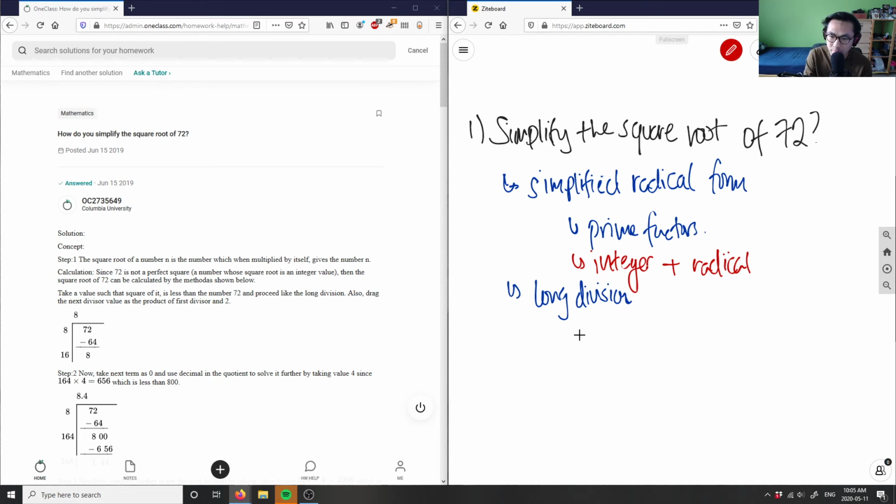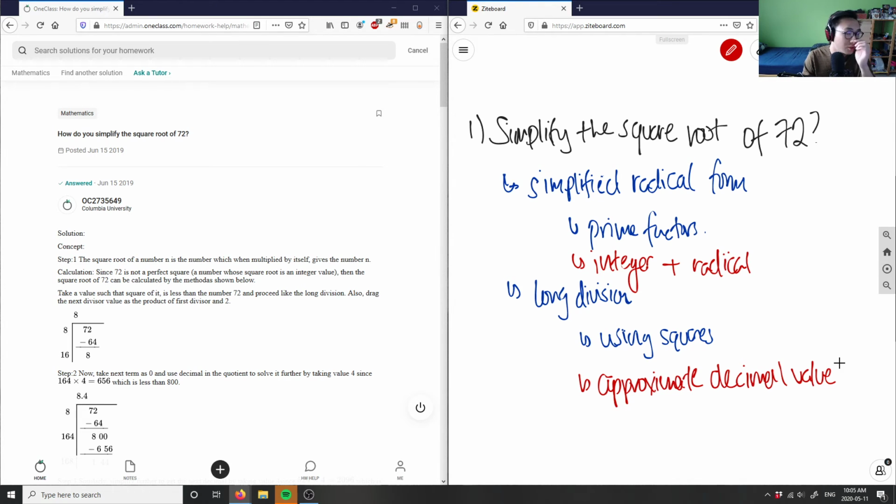And long division here is a special kind of long division using squares, and it would give you an approximate decimal value. So there's two ways to go about this question, and it doesn't really specify which one to go over. So let me do the first one, because they didn't really do the first one in the solution here. They only did the long division method. So let me do number one here.